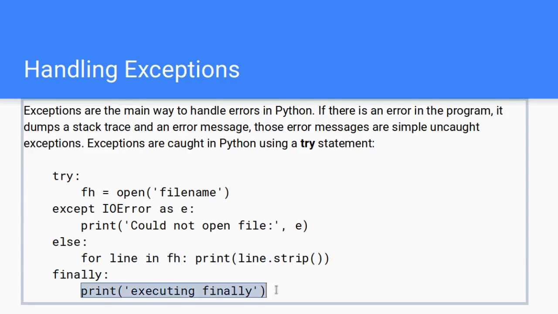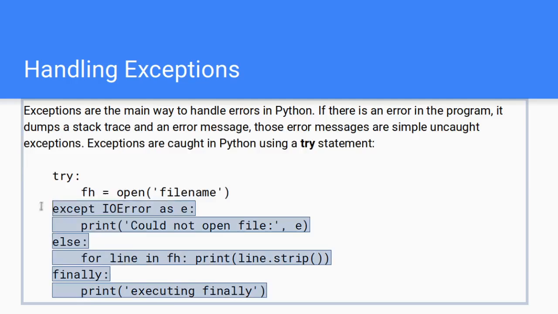This code will always execute, even if this causes perhaps an operating system error, or maybe this causes a segfault in your execution runtime. This code will always be executed. That's the theory. So let's try this and see how it works.